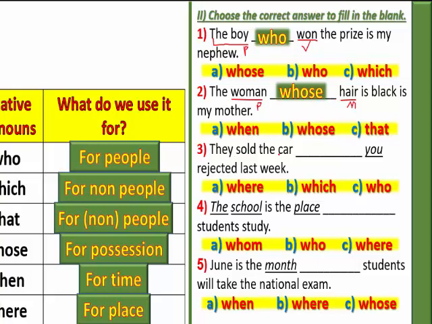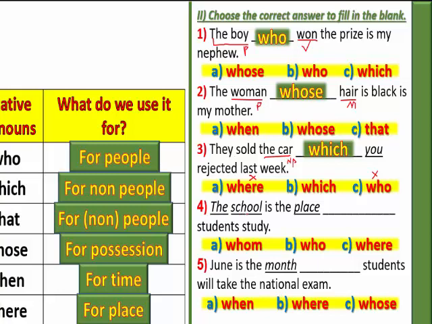They sold the car you rejected last time. So the car, is it people or non-people? Yes, it is non-people. It's an object, it's something. So we use which. We cannot use who because we don't have people, and we cannot use where because we don't have a place, but we have non-people before.